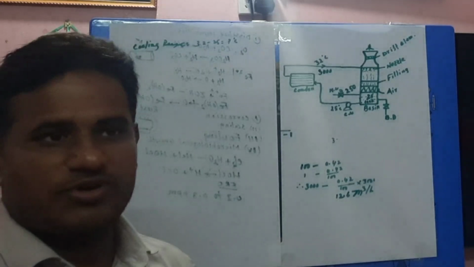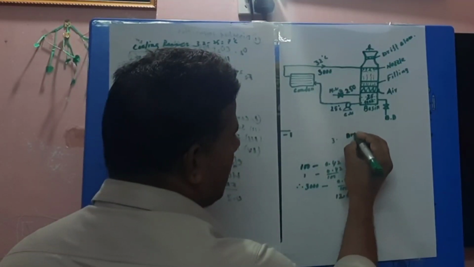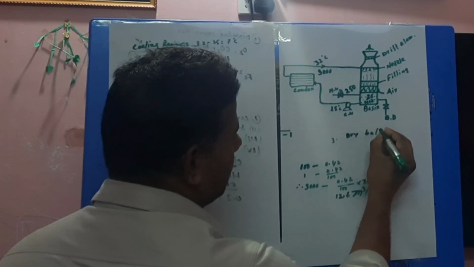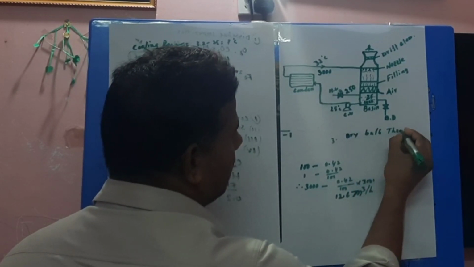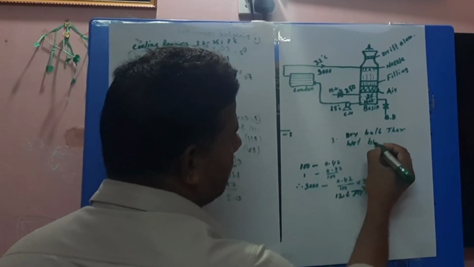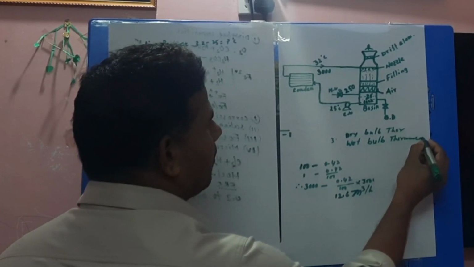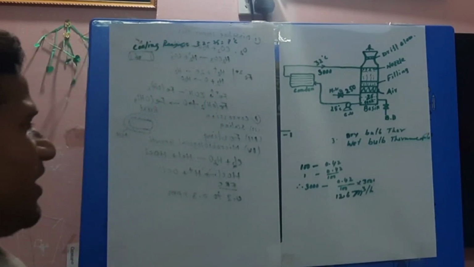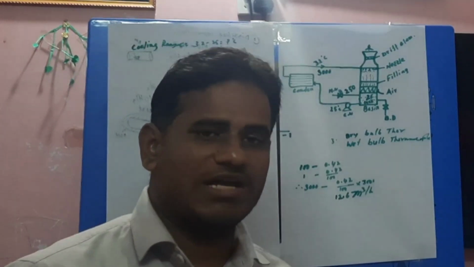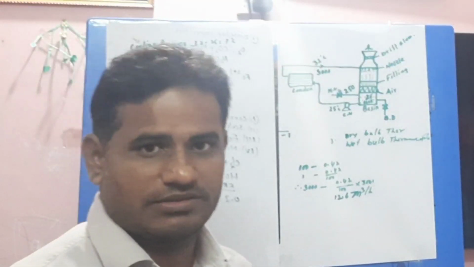To understand this, you have to take two thermocouples. One is called dry bulb thermocouple, another is called wet bulb thermocouple. Dry bulb thermocouple means the atmospheric air's present temperature.